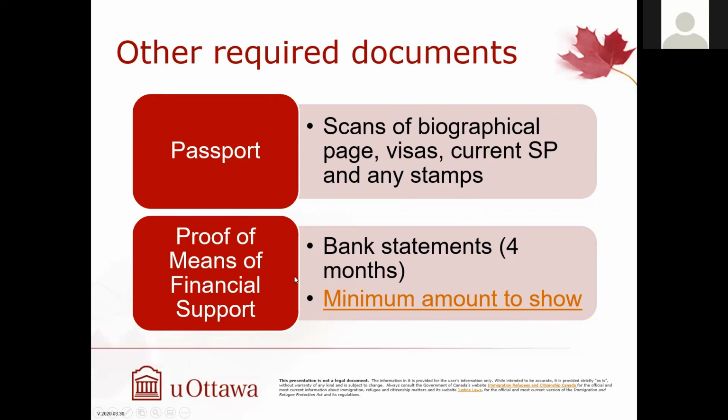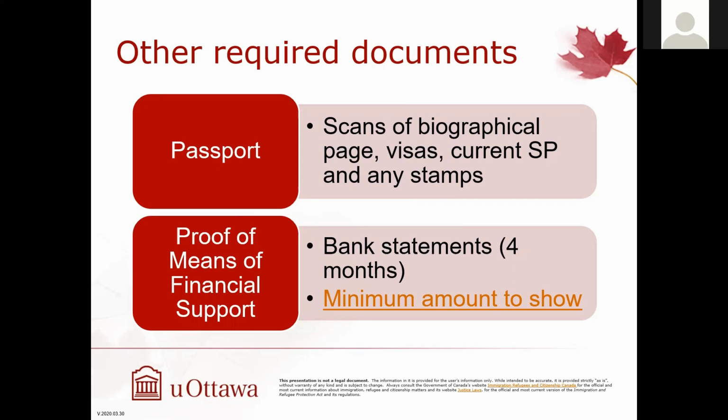Other required documents are proof of funds. Similar to when you applied for your first study permit, you do need to demonstrate that you have the funds required to support yourself while you're here as a student. IRCC doesn't really give a different amount for a study permit extension.